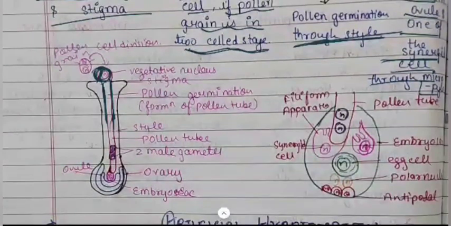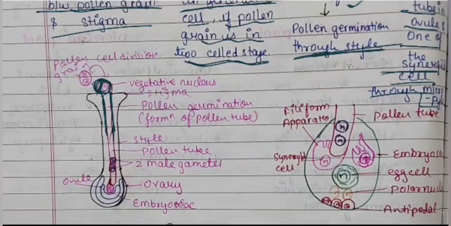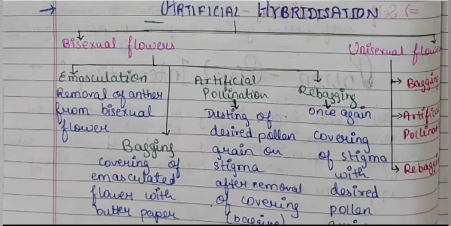Now with the help of a diagram we are going to understand this mechanism. Here the pollen grain, which is at the 2-cell stage, is forming a pollen tube and reaching one of the synergid cells, guided by the filiform apparatus. Now we are going to start with the topic of artificial hybridization.